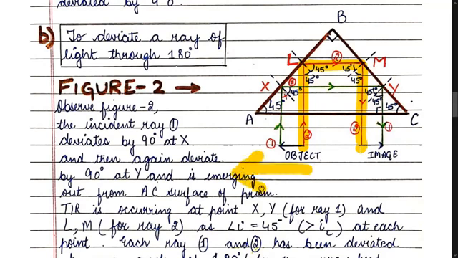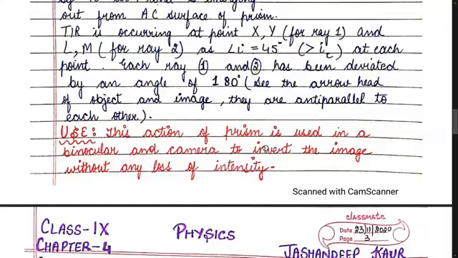If the object is placed, and see the arrowhead of the object, and see the first ray, wherever the first ray is coming out, that will be the place of arrow in image. So see, the object and image are placed at an angle of 180 degree. They are anti-parallel to each other. So students, listen.